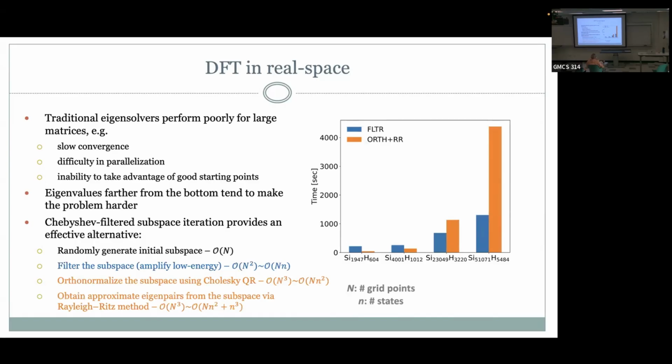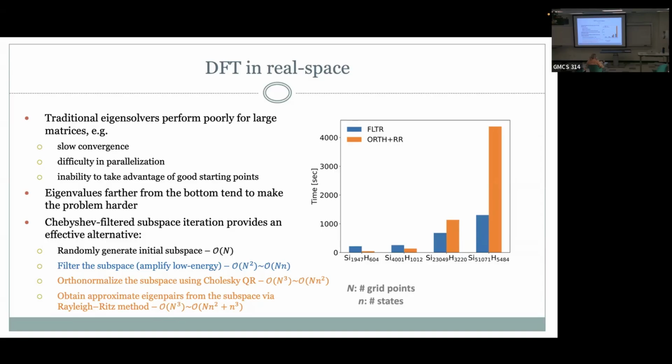In terms of the computational cost as a function of states, we have the number of grid points and the number of states that go into the scaling, and they scale with each other. So roughly these are equivalent, but if we can find a way to also improve the scaling with respect to states, that would be helpful.